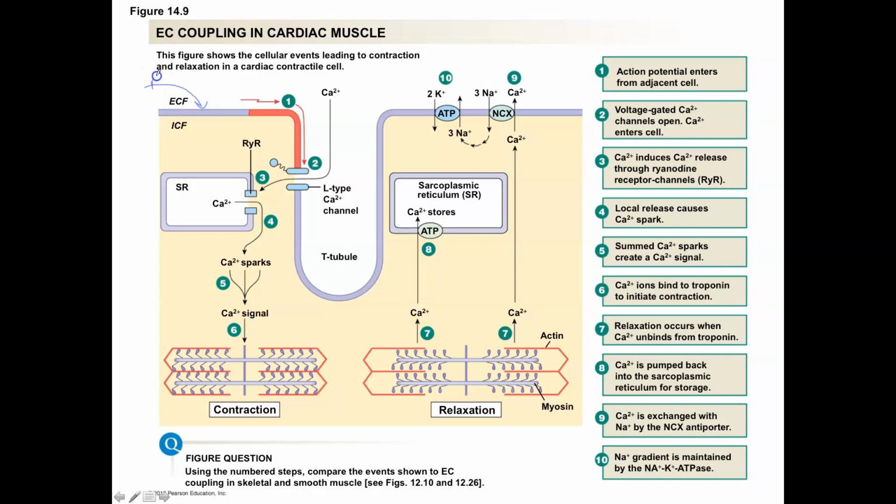So this would be the plasma membrane of a cardiac muscle cell, and this would be the intracellular environment. So we have extracellular out here, and then we have intracellular here, and this is the plasma membrane.